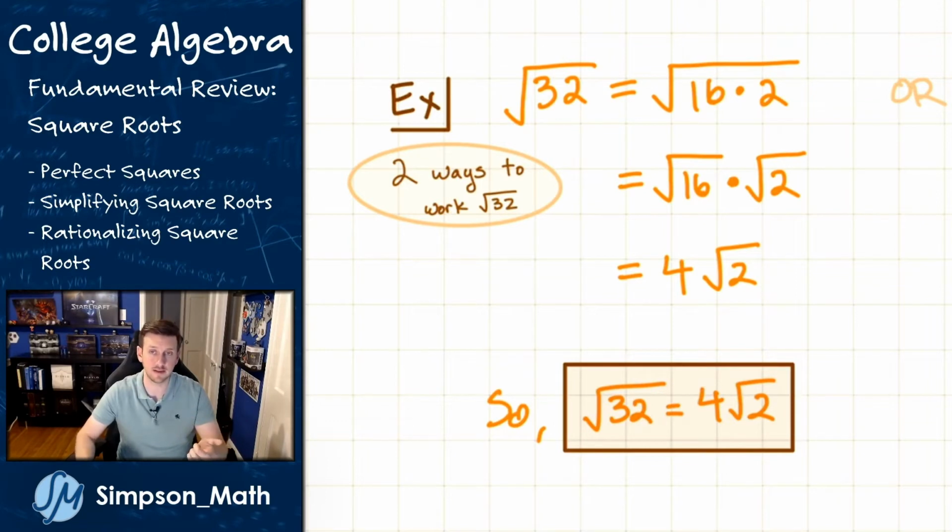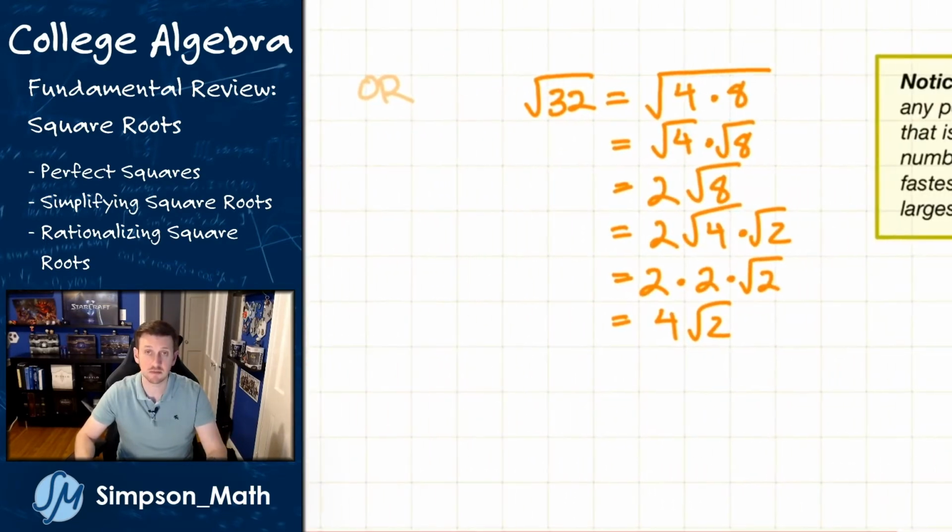Now, if you were working this, you might have noticed that you could also use 4. Yeah, 4 works. So you can do 4 times 8, and that gets you 2 times square root of 8. But as we just saw, 8 has another 4 in it, so I can break that apart into square root of 8 being square root of 4 times square root of 2.